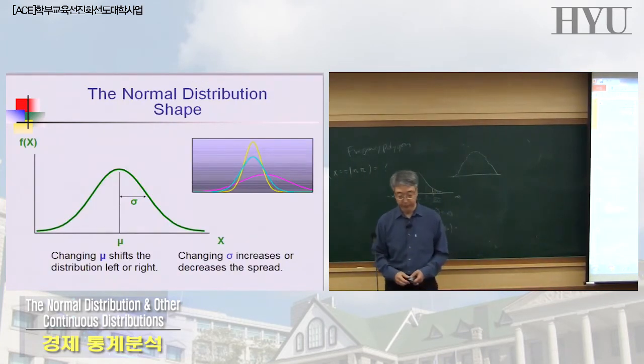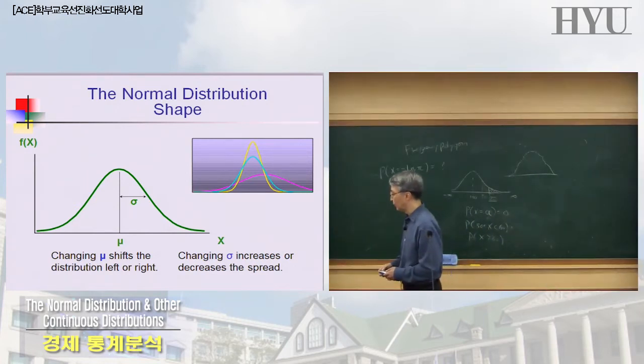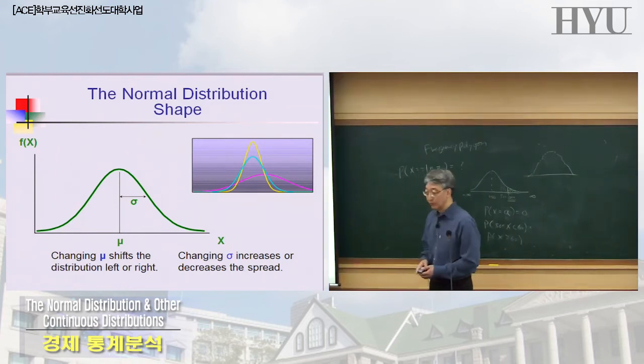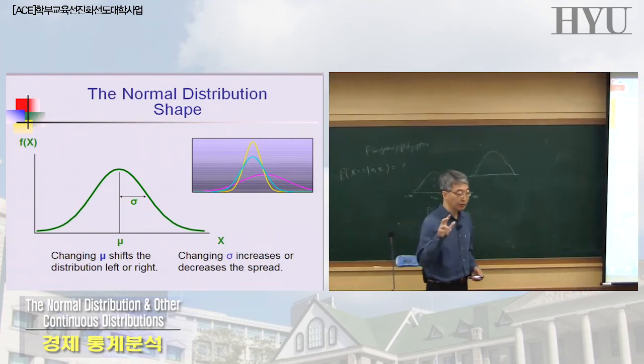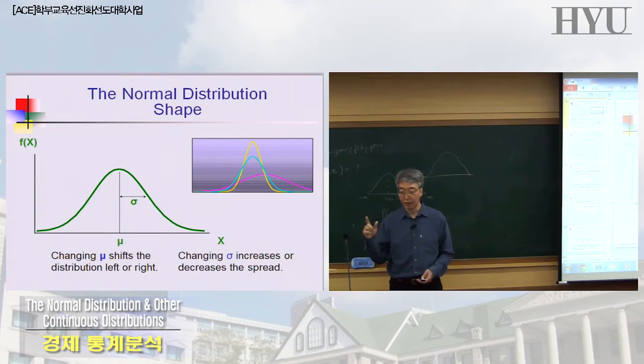All right. One thing we have to understand about the shape of the normal distribution. The normal distribution has 3 conditions to satisfy: the barrel shape, symmetry, and what's the third condition?